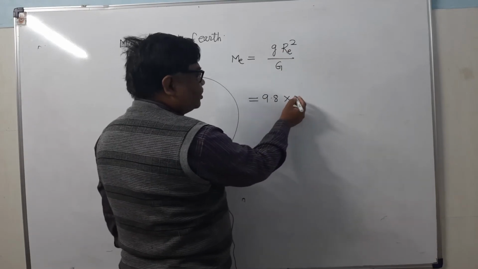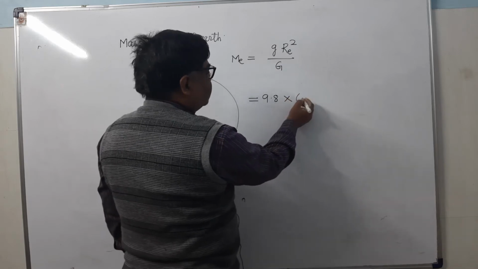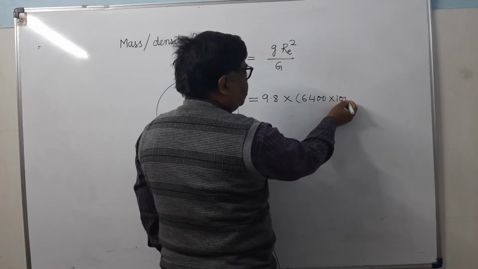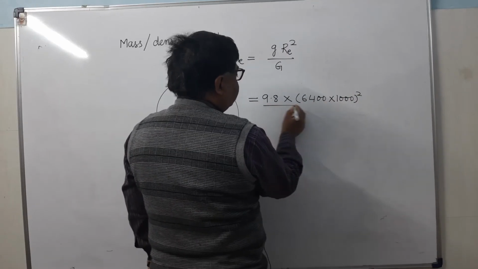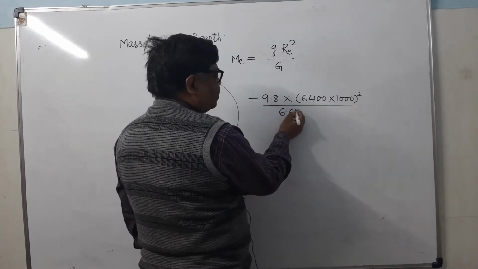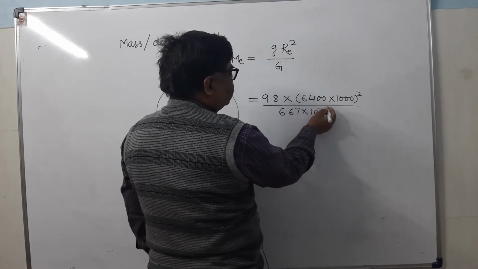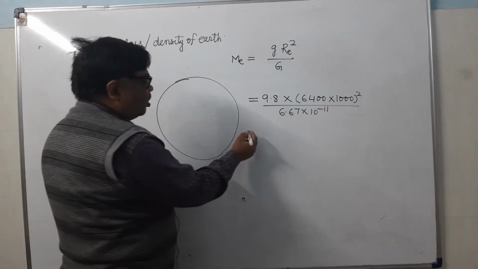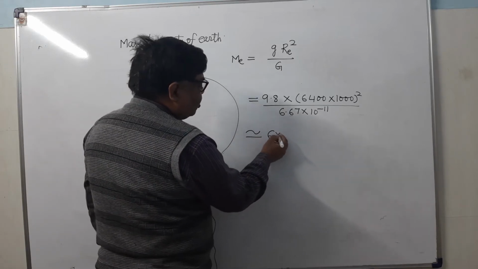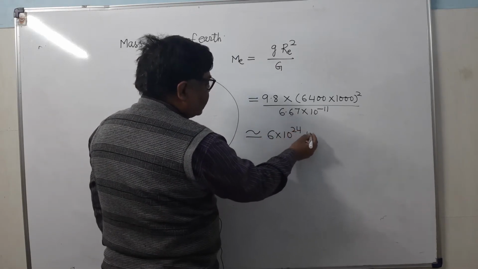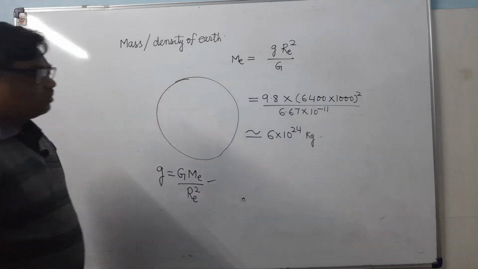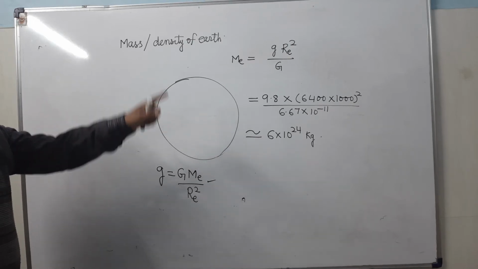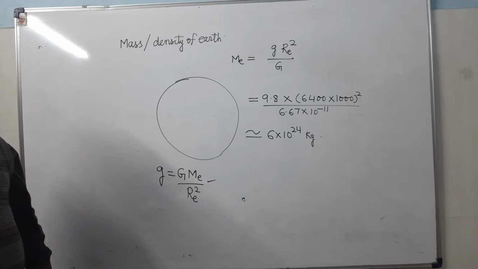Re is nearly 6400 kilometer, and since it is in kilometer, you will convert it into meter. Capital G is 6.67 into 10 to the power minus 11. So if we calculate it, it will come out nearly equal to 6 into 10 to the power 24. Exact calculation I am not doing here. By substituting the known values of small g, Re and capital G, we can determine the mass of the earth.